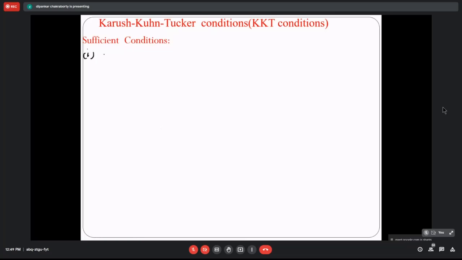For the standard maximization problem, what type of problem is called the standard maximization problem? You have done that in the linear programming problem.